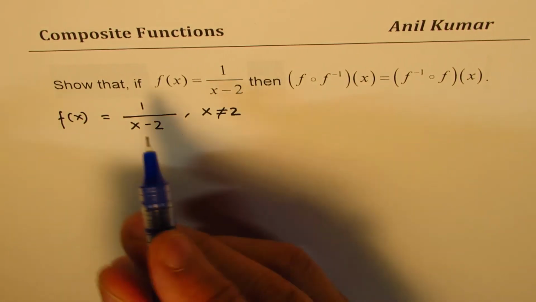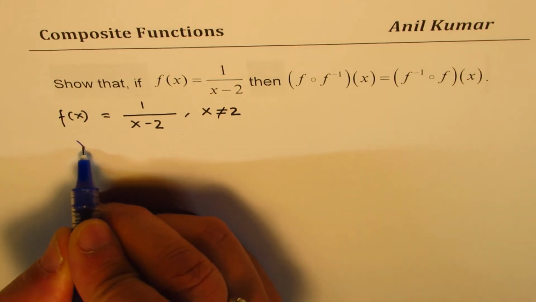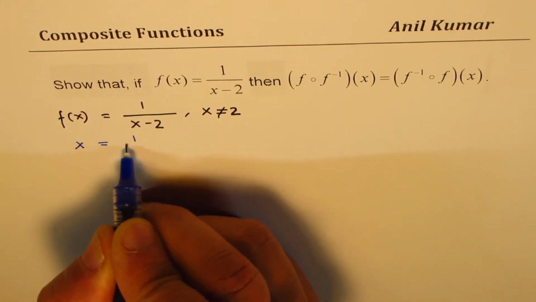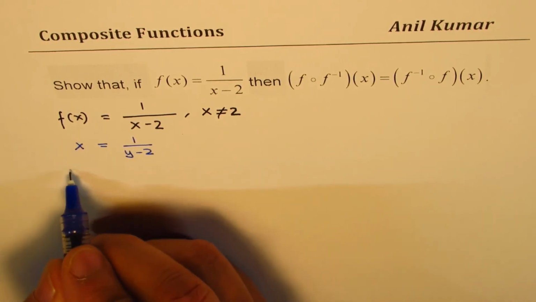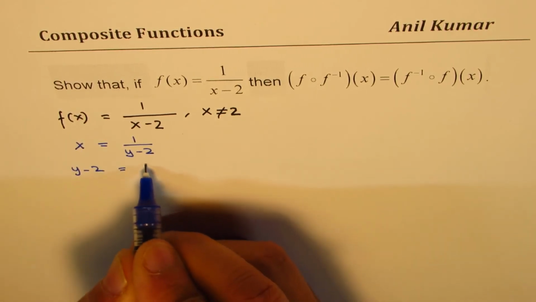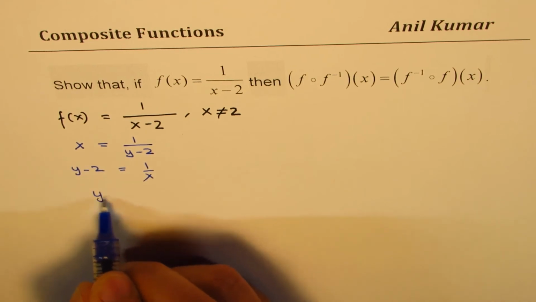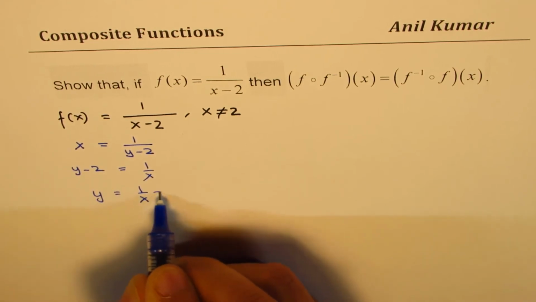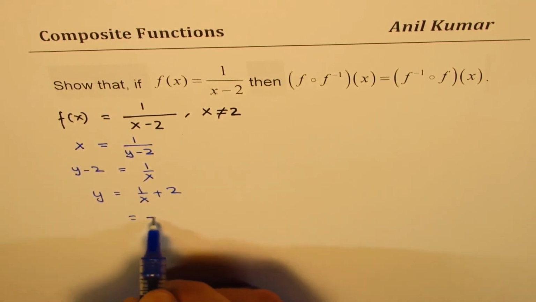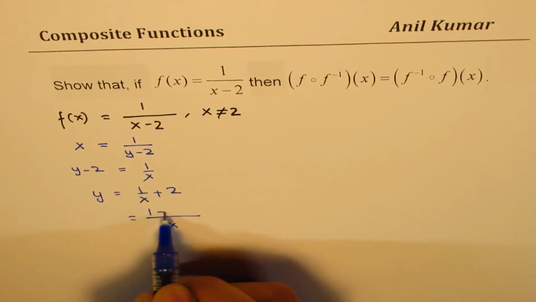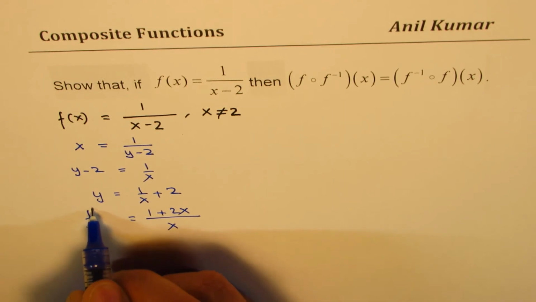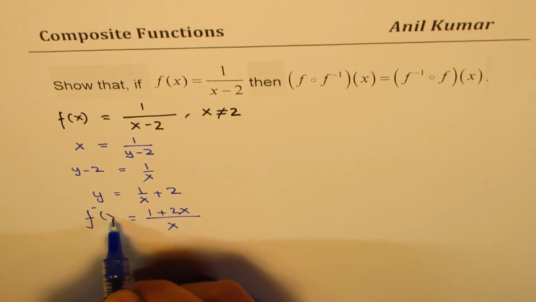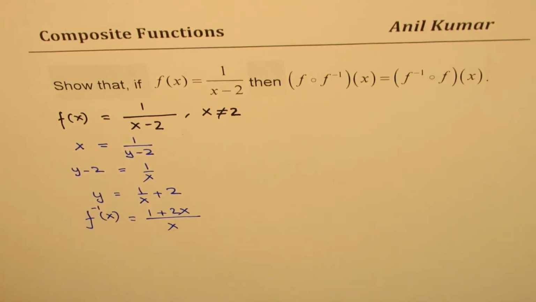So let's find the inverse. We could write this as x equals 1 over y minus 2, and then we'll just cross multiply. y minus 2 equals 1 over x, and we say y equals 1 over x plus 2. You could also write this as 1 plus 2x over x. Is it okay? This is the inverse of this function. So we got f inverse now.